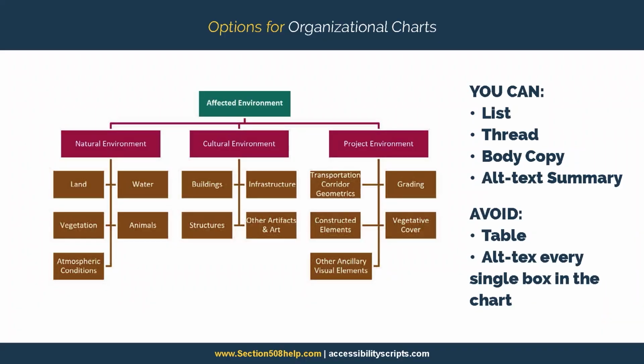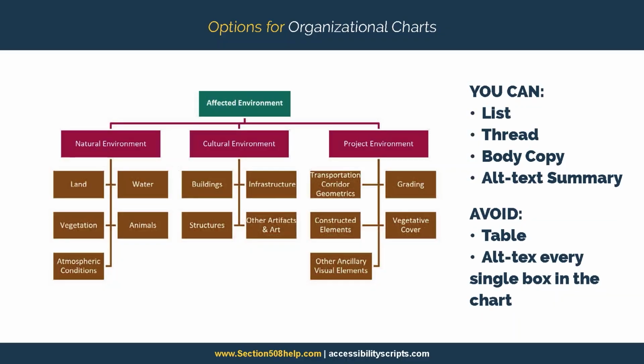So the other way we can handle this org chart is by using text. You could walk through each of the different things in a logical way, right? You could use body copy like we talked about, where you can take that list and start walking through in a paragraph format and say the natural environment is divided into 5 subcategories: land, vegetation, atmospheric, water, and animals. So you can use text to be able to relate that visual information that your org chart is presenting.